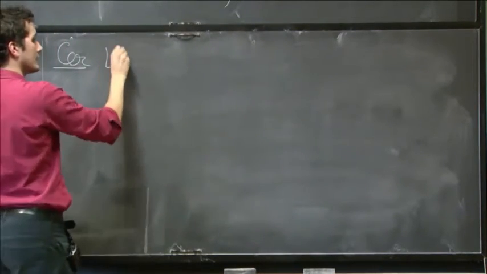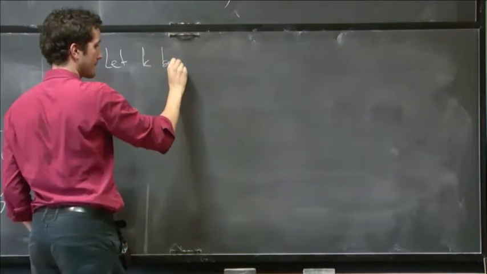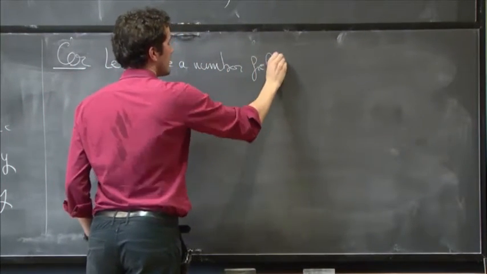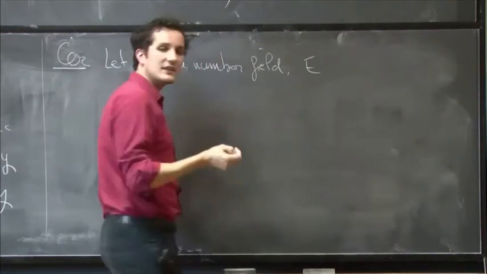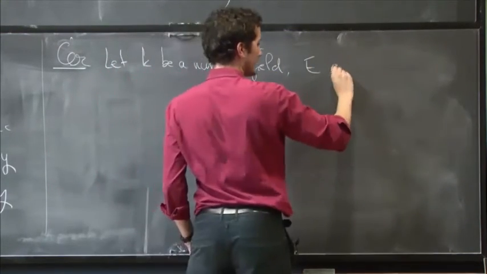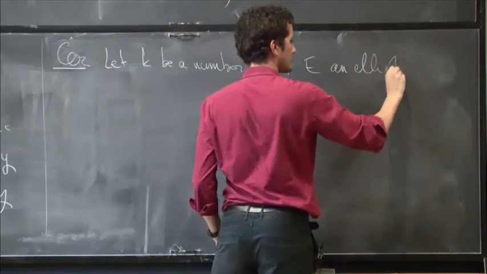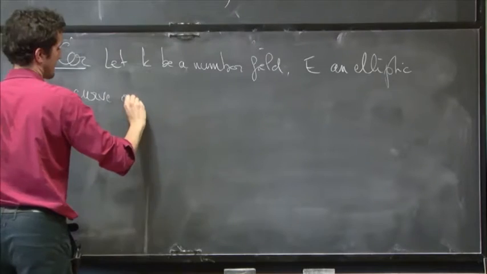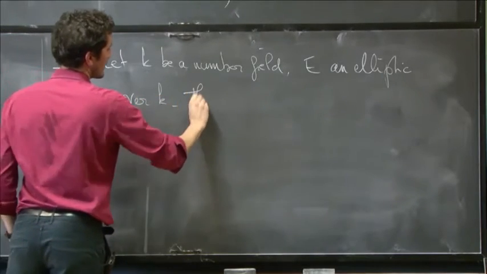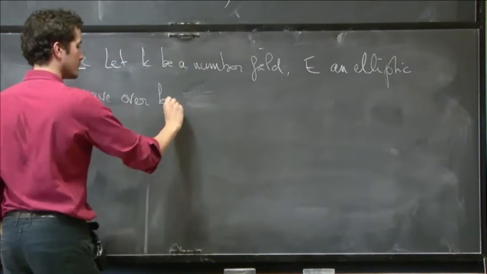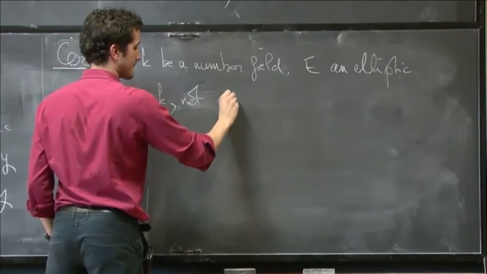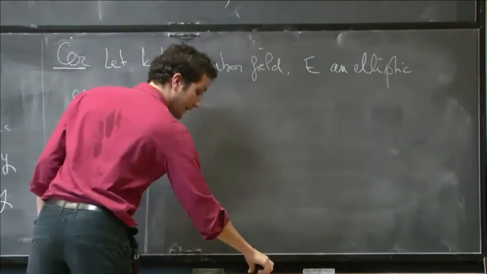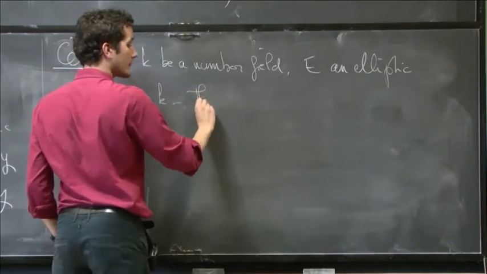So let again K be a number field, and let's try with a single elliptic curve now. So E is an arbitrary elliptic curve over K. Then one of the following holds.